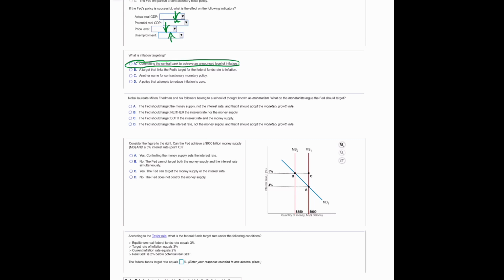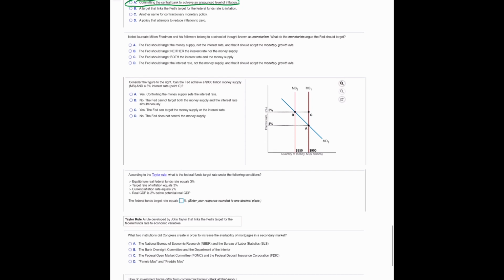What do the monetarists argue that the Fed should target? They say that the Fed should target the money supply, not the interest rate, and that it should adopt the money growth rule. So as the name implies, monetarists say, let's put all the focus on the money supply. The interest rates will follow.